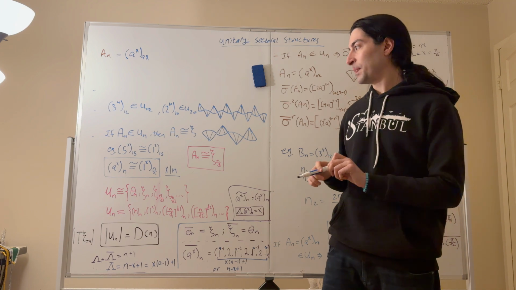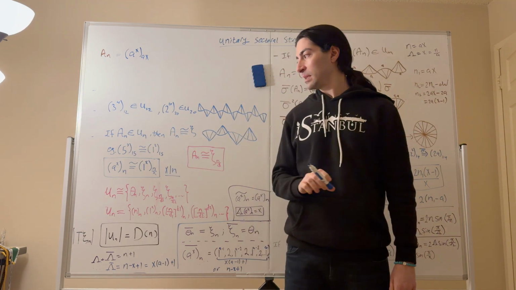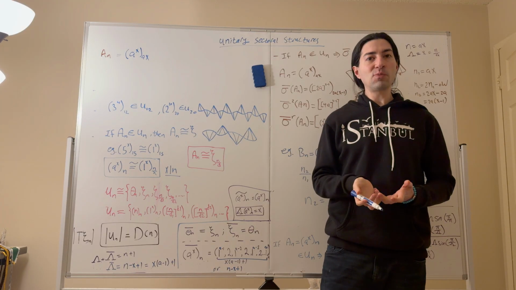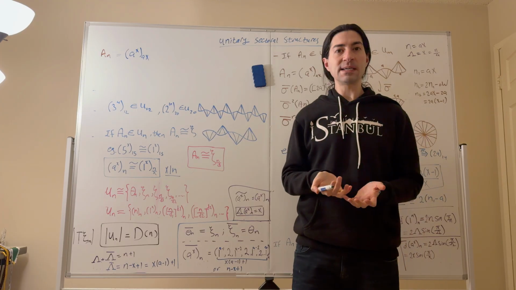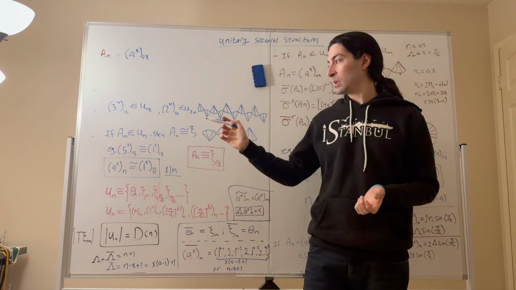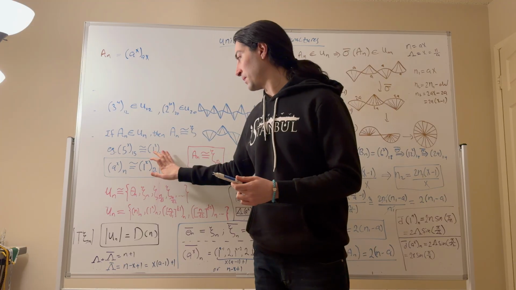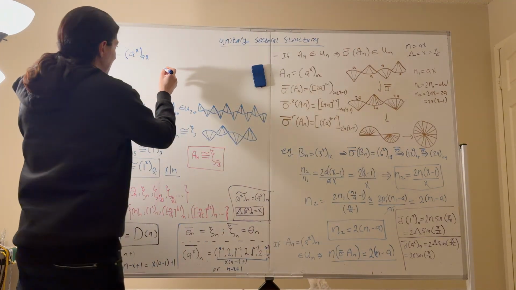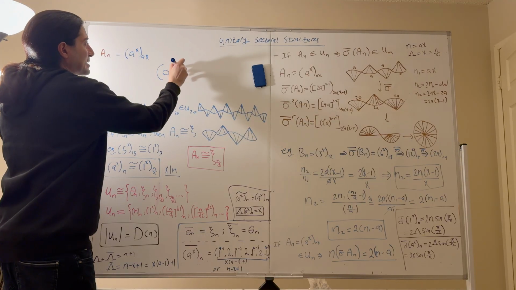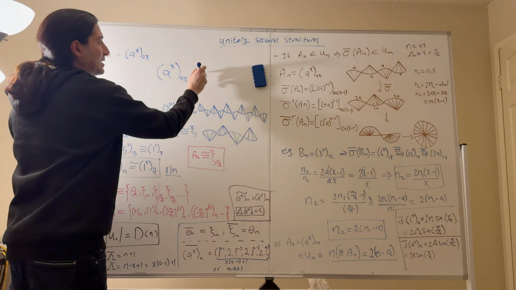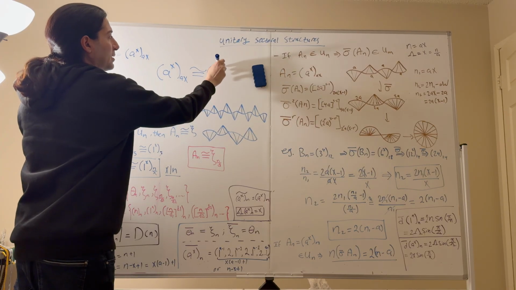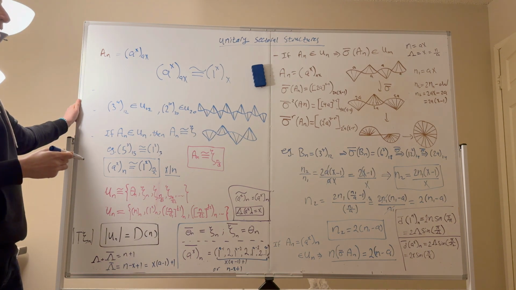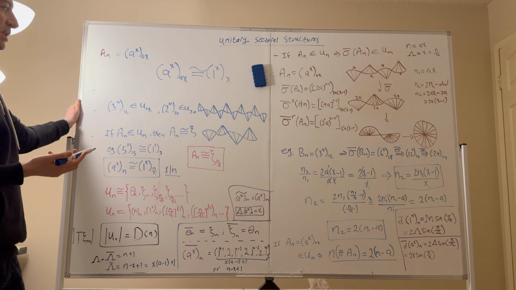For example, 5 cubed subscript 15 is a unitary structure, and it is isomorphic to the xi structure 1 cubed subscript 3. Therefore, we can say that a to the x subscript ax is isomorphic to 1 to the x subscript x. This is the key definition of a unitary structure.